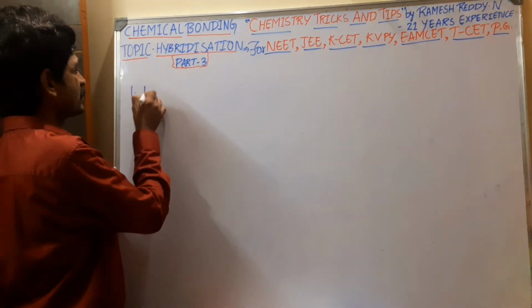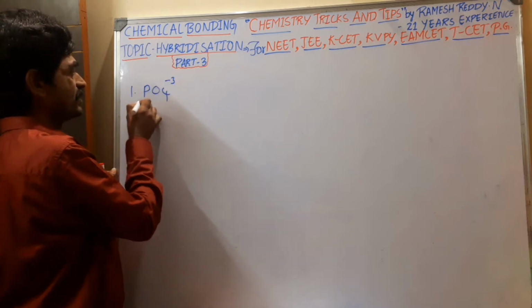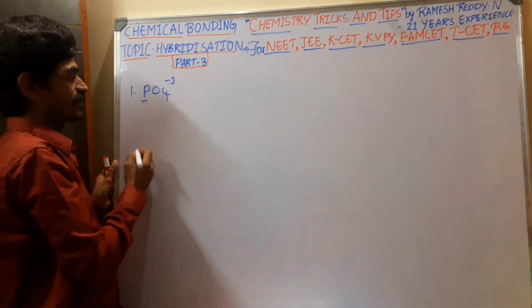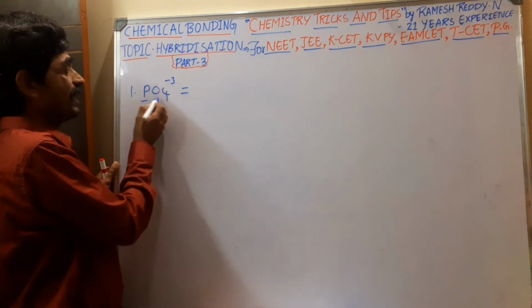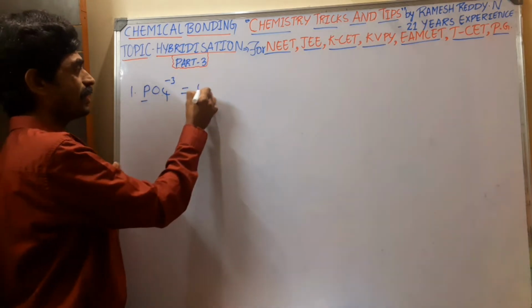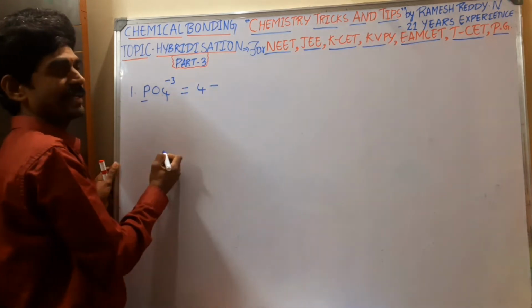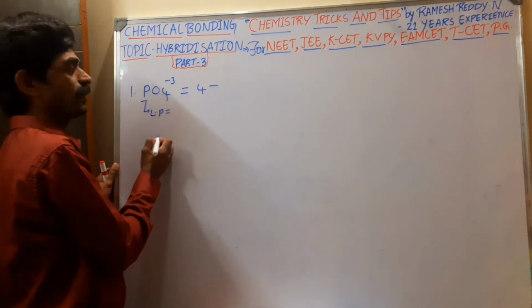The molecule is phosphate ion, PO4 3 minus. The central atom is phosphorus. So what is the trick I gave here? Number of atoms attached to that atom. How many atoms are attached to the phosphorus? There are 4. These are bonded atoms. Next, lone pairs of electrons on phosphorus.